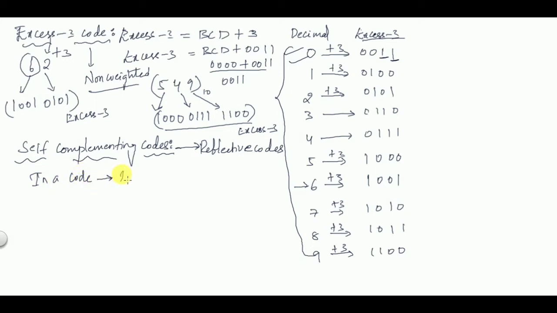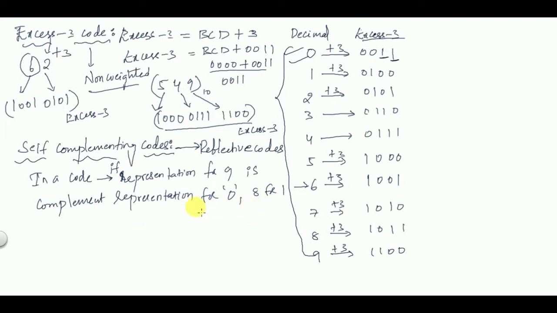In a code, if the representation for 9 is the complement of the representation for 0, the representation of 8 is the complement of the representation for 1, similarly 7 for 2, 6 for 3, and 5 for 4, then such a code is called a self-complementing code.